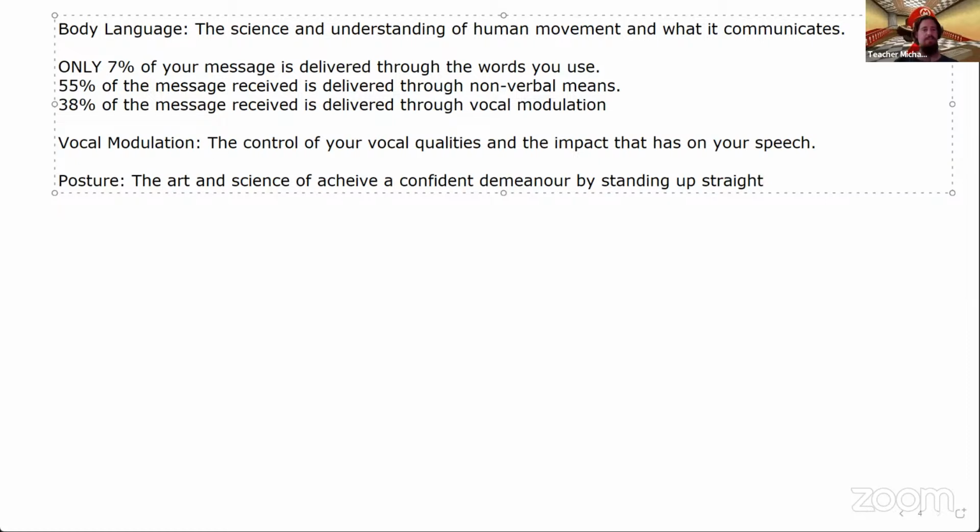So I like to think of posture as the art and science of achieving a confident demeanor by standing up straight.